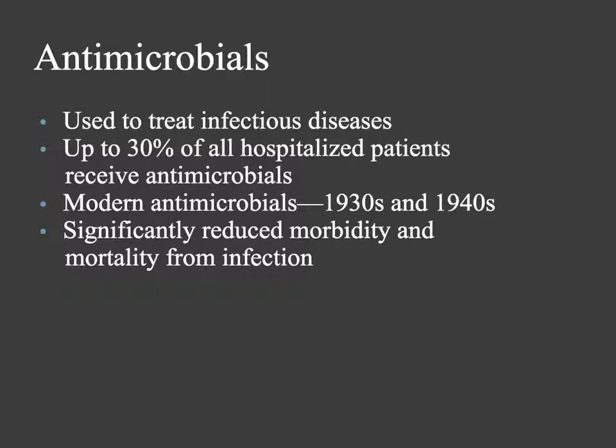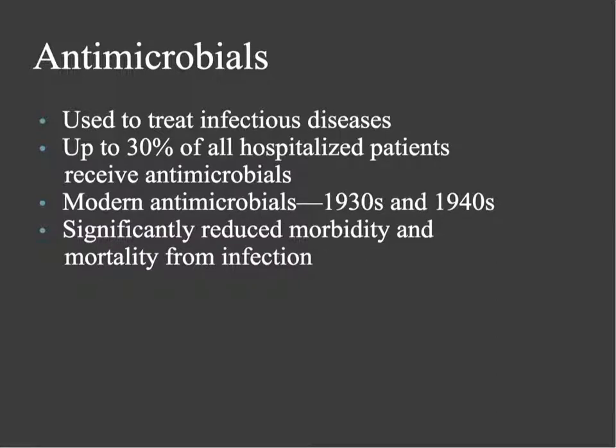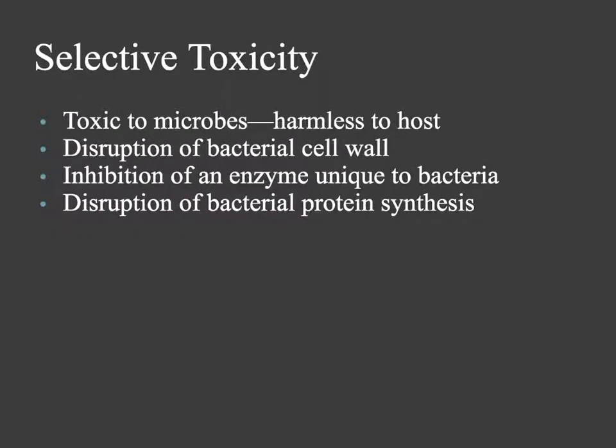So, antimicrobials. What do you need to know about this? I'm not going to ask you anything about that. Selective toxicity is an important concept because we want to give a drug that is going to be harmful to the microbes but not harmful to us. And so that's a key thing. And selective toxicity can occur in a couple of different ways.